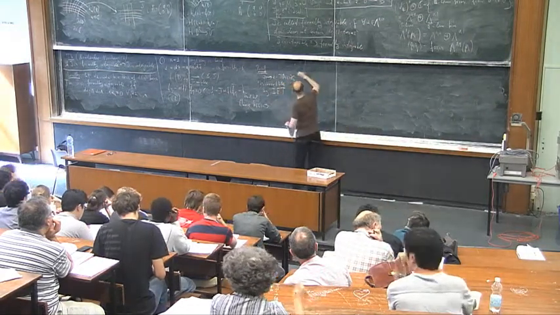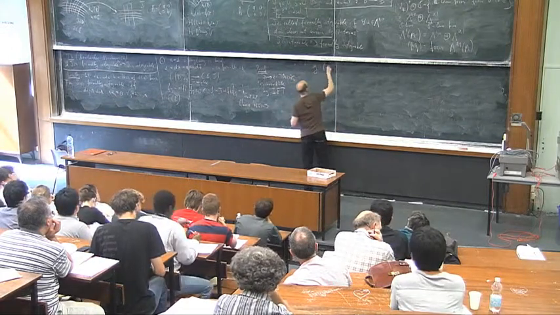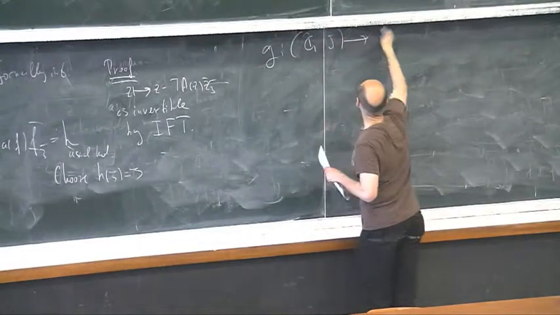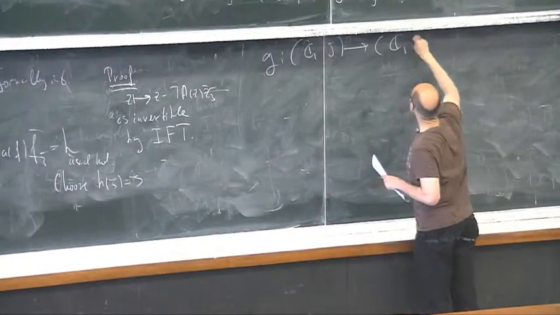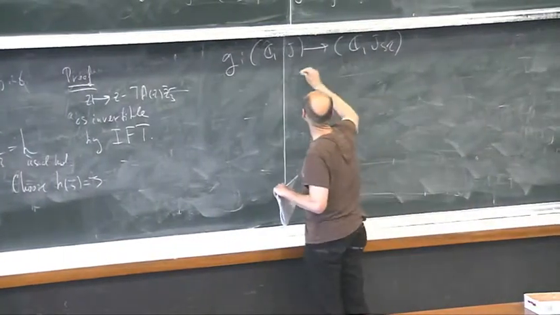So now, if you consider G, the map from C_J to, I don't know, C with the standard complex structure, and this map is holomorphic with respect to these two structures.